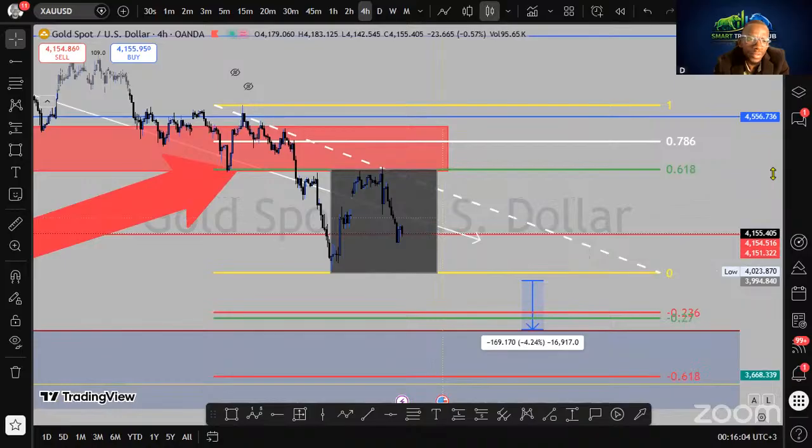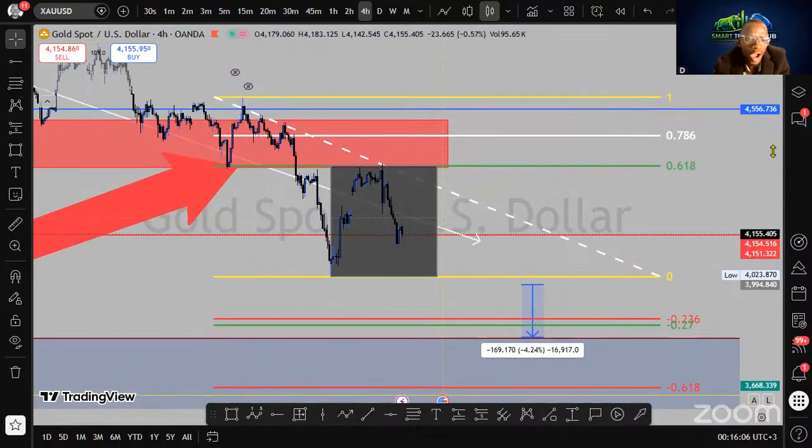Now, on the 4 hour, what's happening? Victoria, higher high, higher lows, lower lows. What happened?